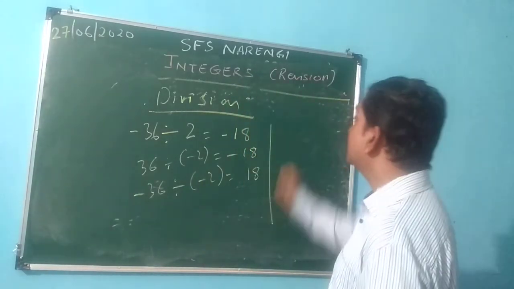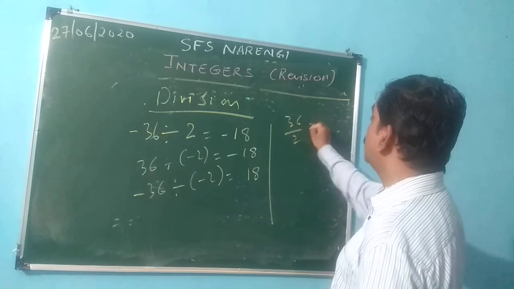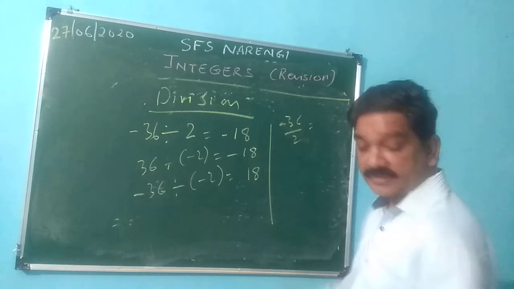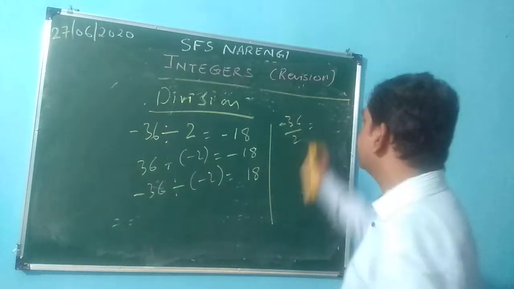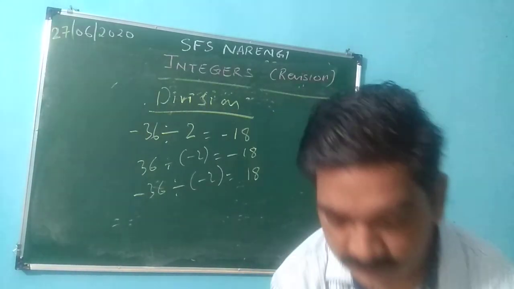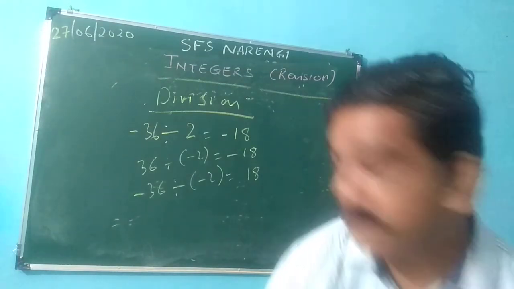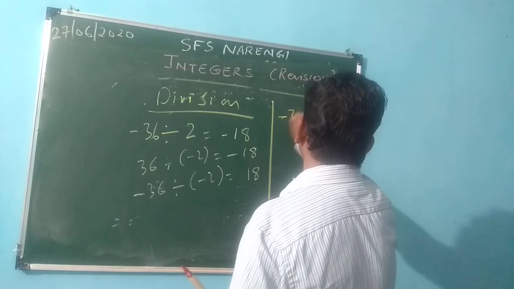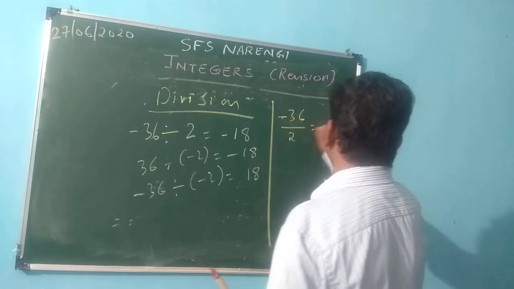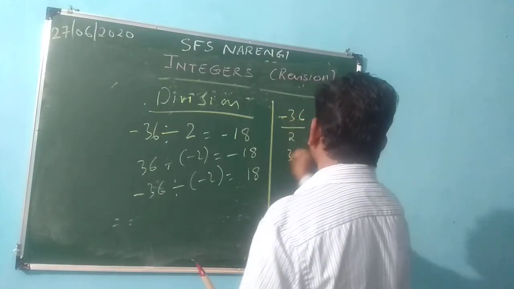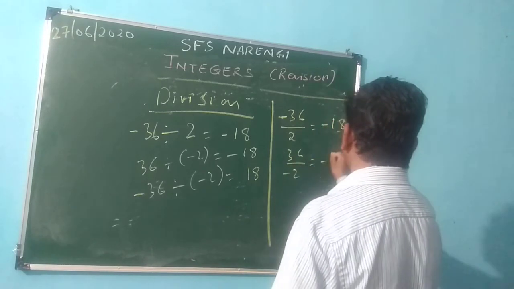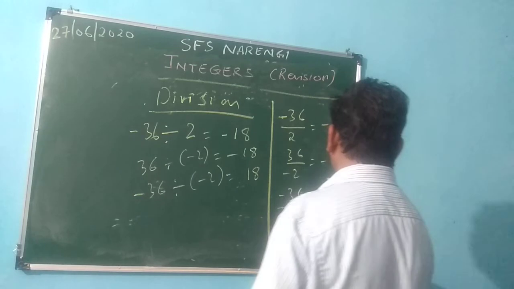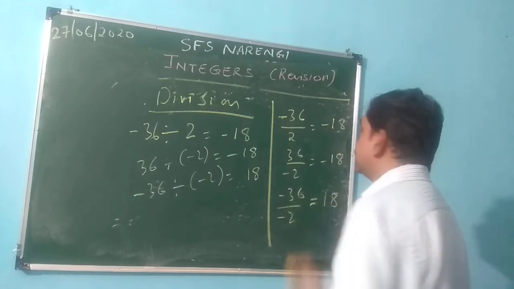That means 36 divided by 2, if one of them is minus, answer is always in negative. Minus 36 divided by 2, answer is minus 18. 36 divided by minus 2, again answer is minus 18. Minus 36 divided by minus 2, answer is plus 18.